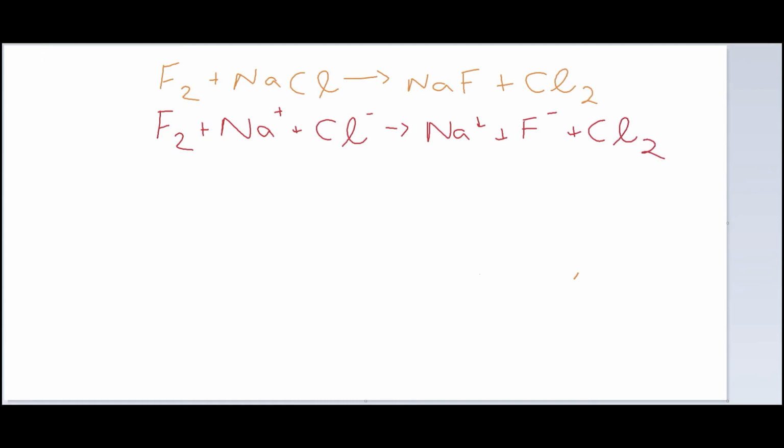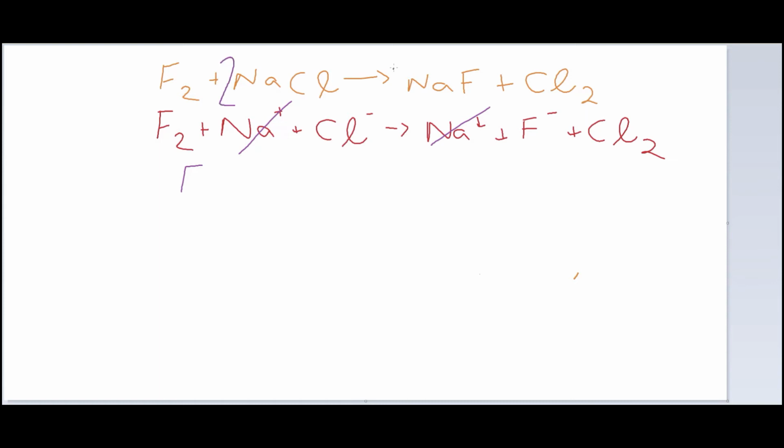So now, I need to cancel out anything that's the same on both sides. The only thing that is the same on both sides here is going to be my sodium ions. Everything else has changed, so actually pause for a second. If you notice, one thing I forgot to do, I forgot to balance from the very beginning. So I need to go back to my original reaction.